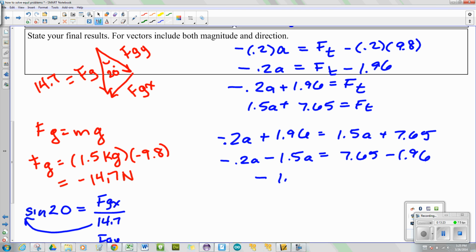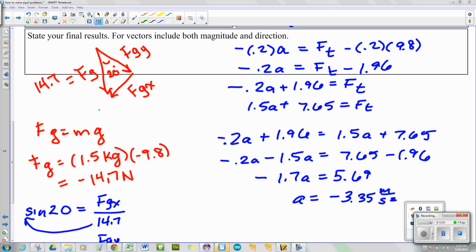So this is negative 1.7a, and this one is 5.69. Divide both sides by 1.7, and I get 3.35 meters per second squared.